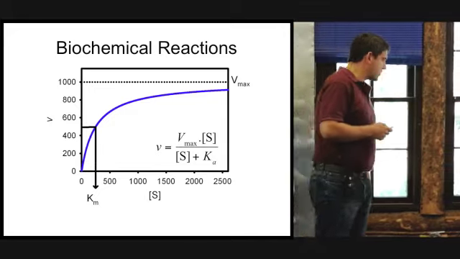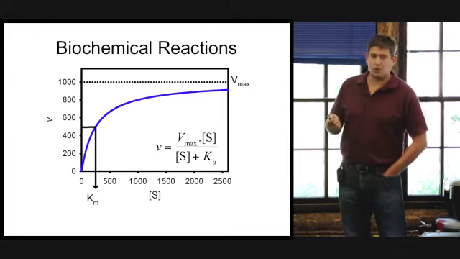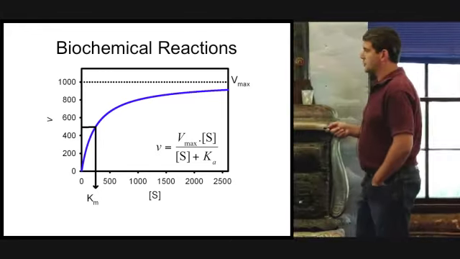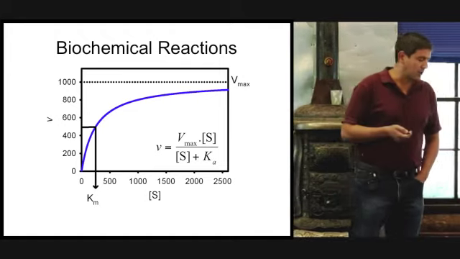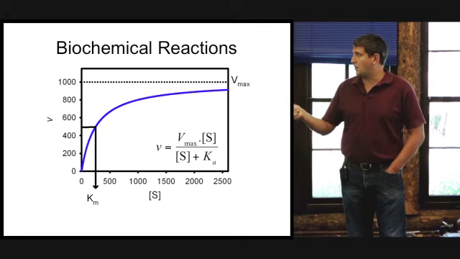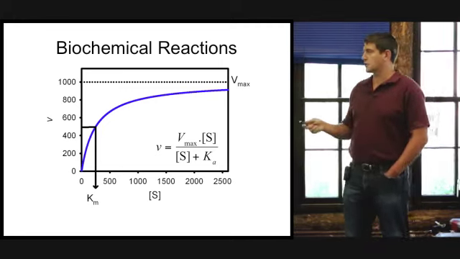Now, in order to understand how the Farquhar model works, you have to understand a little bit of biochemistry, and I'm assuming that everyone in this room has taken some level of biochemistry at some point in their life. I'm not going to get too involved in that, except to show here that the Michaelis-Menten response curve is an important component of the photosynthesis model.